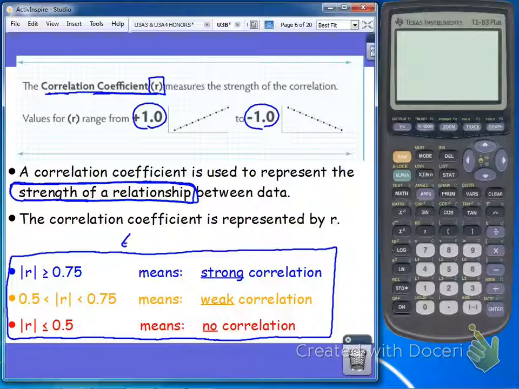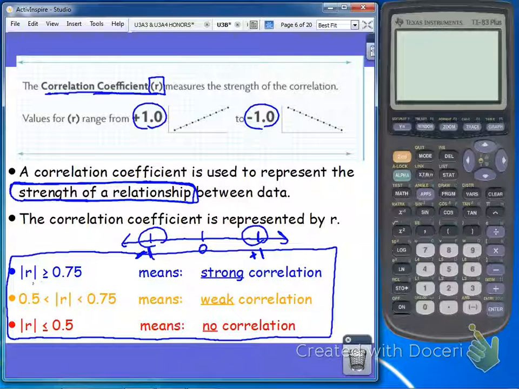The closer they are to 1 or -1, it's the absolute value of R.